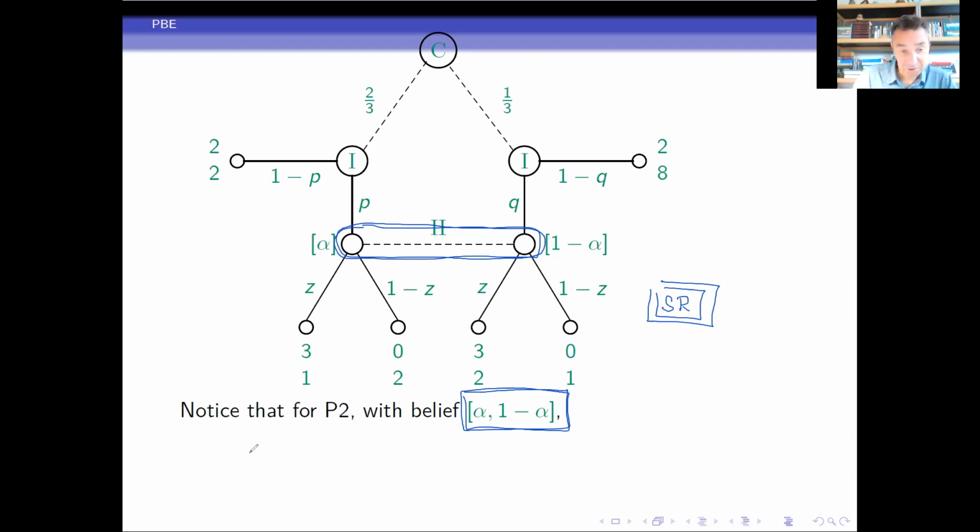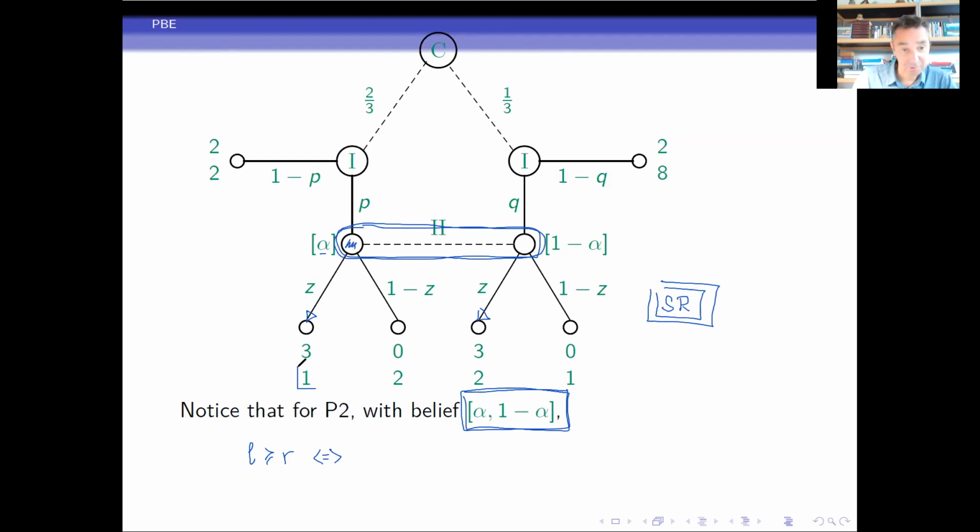So you can check now, given this belief, when going to the left is better than going to the right. If you move to the left, over here and over there, of course, then what is your expected payoff? Well, with probability alpha, you are over here in this node.